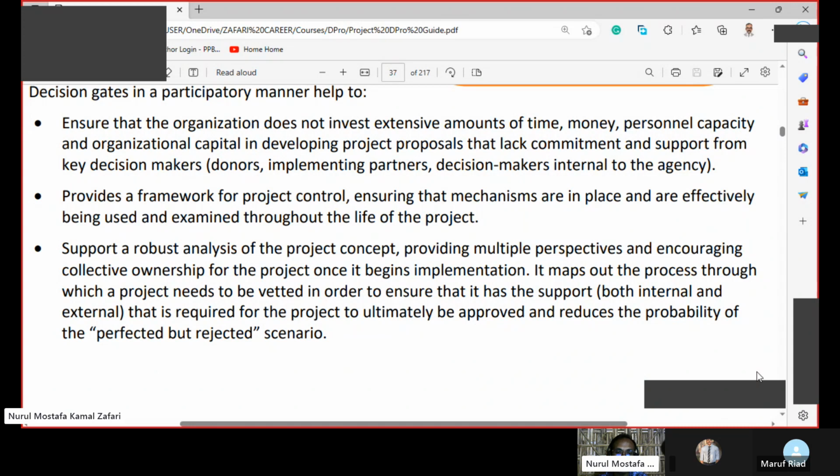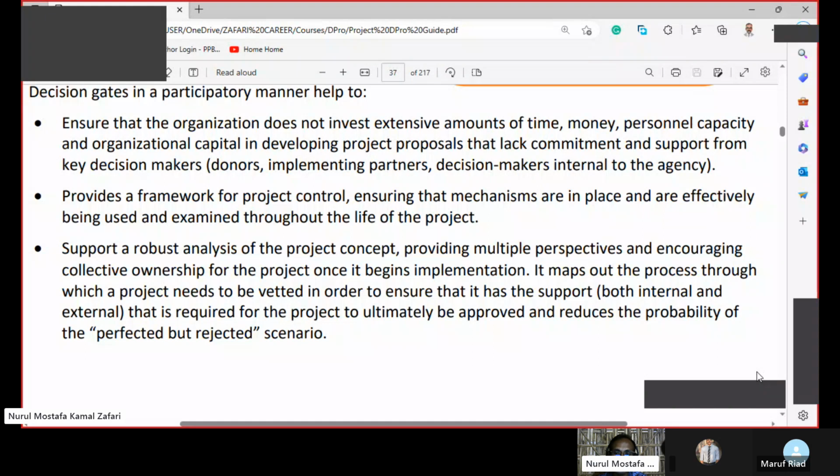It provides a framework for project control, ensuring that mechanisms are in place and are effectively being used and examined throughout the life of the project. It supports a robust analysis of the project concept, providing multiple perspectives and encouraging collective ownership for the project once it begins implementation.